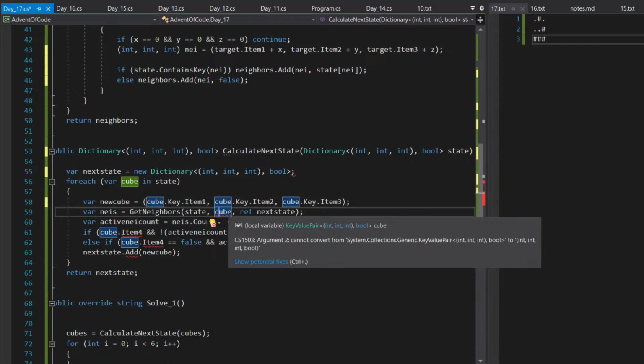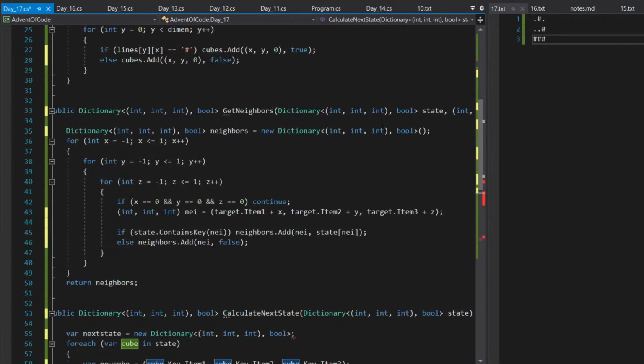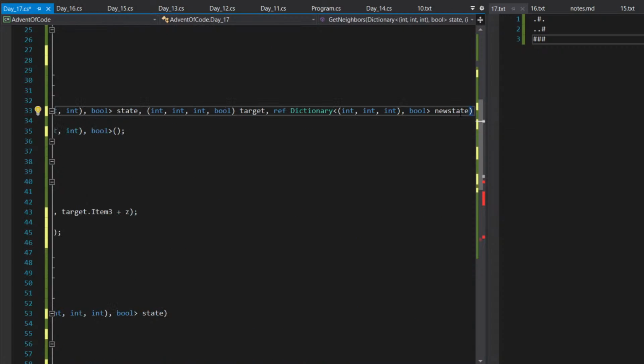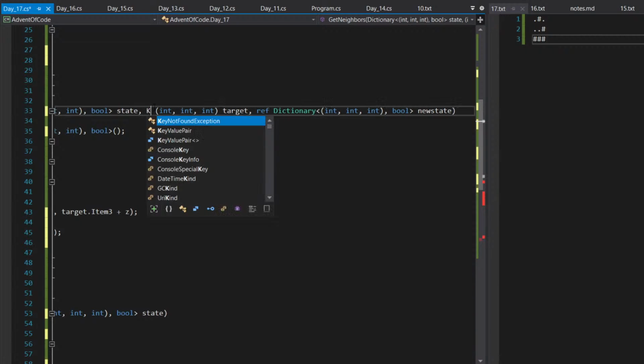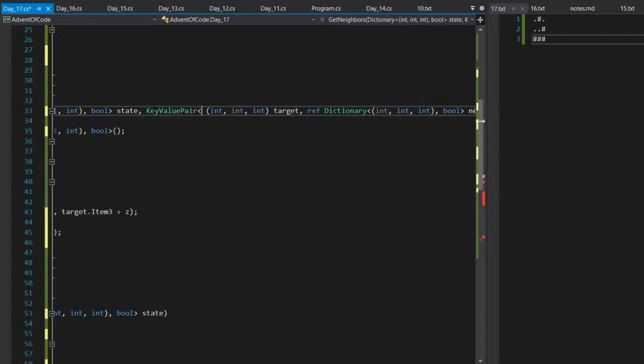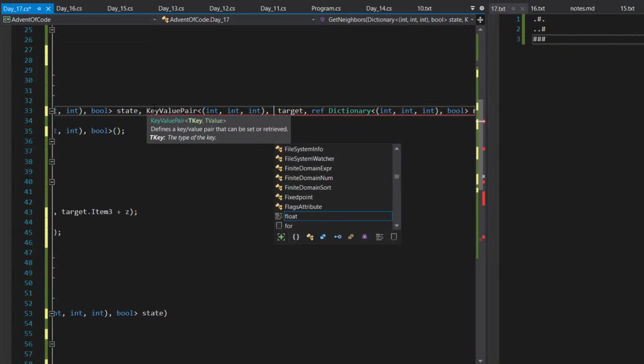Get neighbors needs to be a key value pair for a cube. Key value pair of this and this.